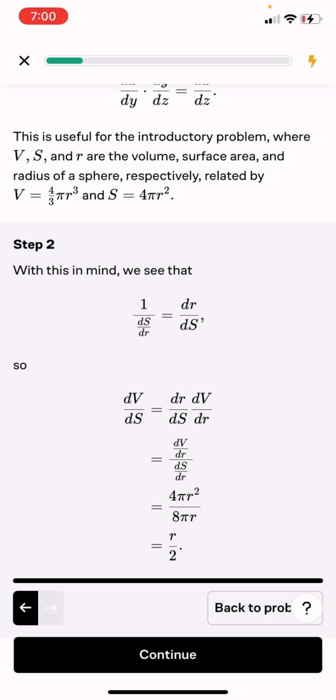So this would equal derivative of r over r, and then we could do second power over 8 pi, and then radius.